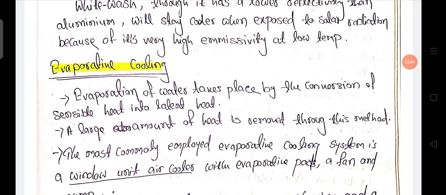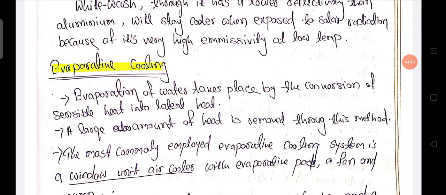Water vapor cools down the air. This is the process of evaporation. Here the sensible heat, which is the heat we feel, is converted into latent heat.